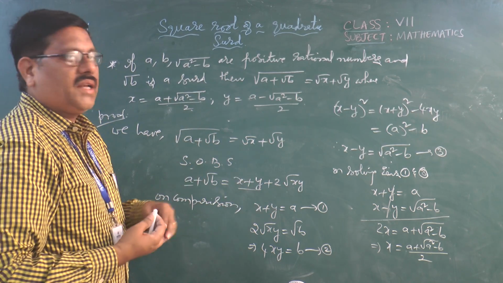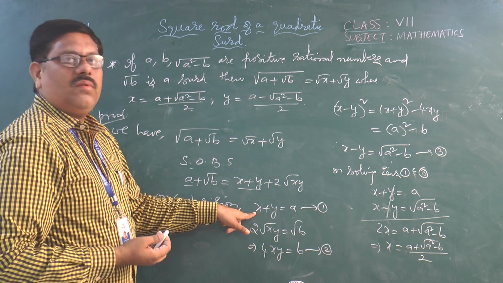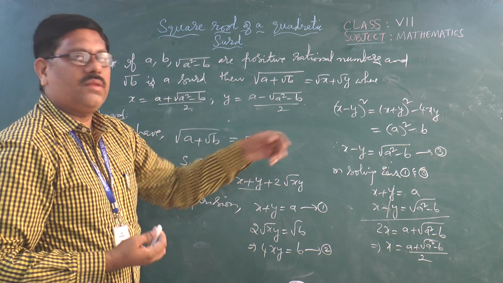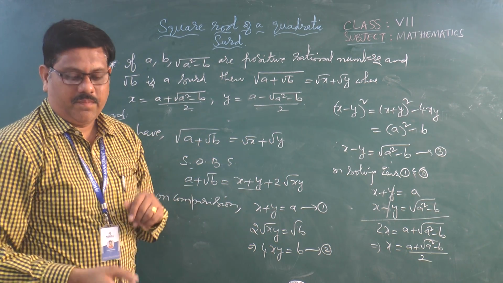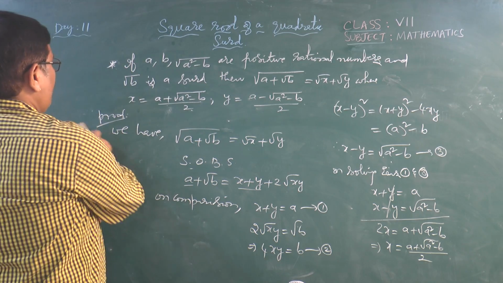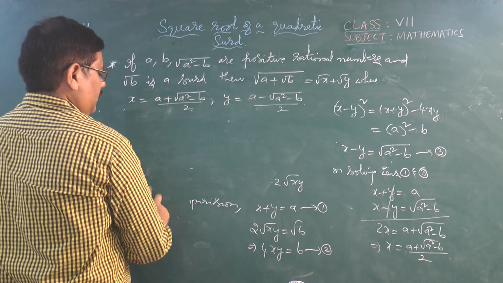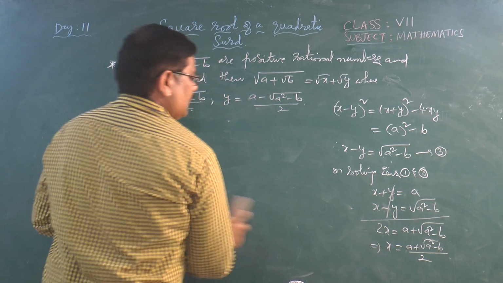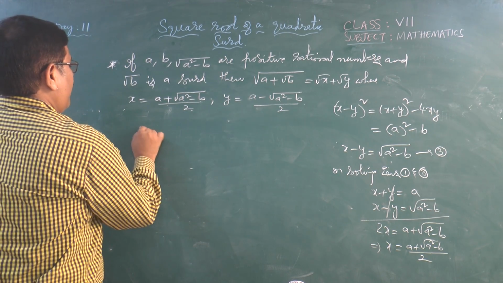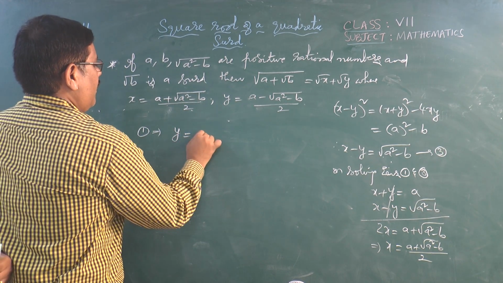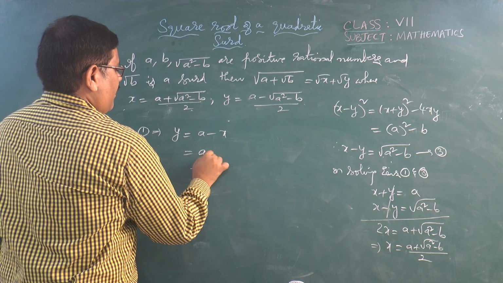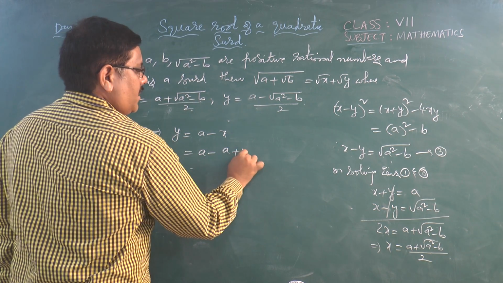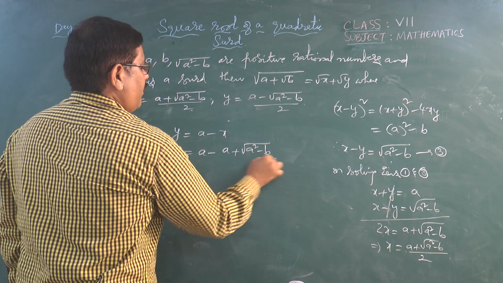Now using that x, by substituting it in either equation 1 or 3, we can get the value of y. Let us see that. The first equation implies y will be a minus x, that is a minus a plus root over a square minus b by 2.